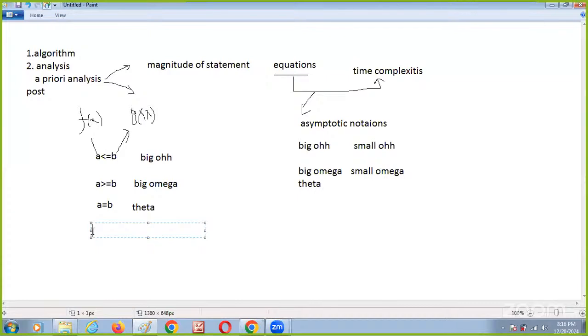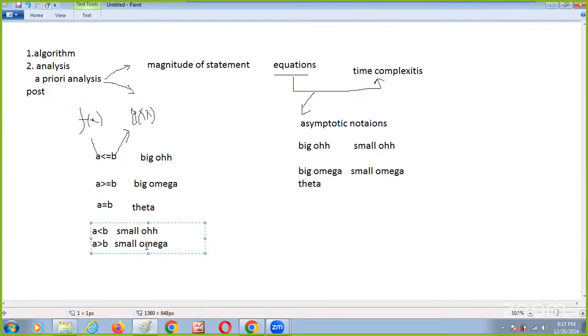If A is less than B, then it is small o notation. And if A is greater than B, then it is small omega notation. These are the things you should at least remember, so that solving problems becomes easy.